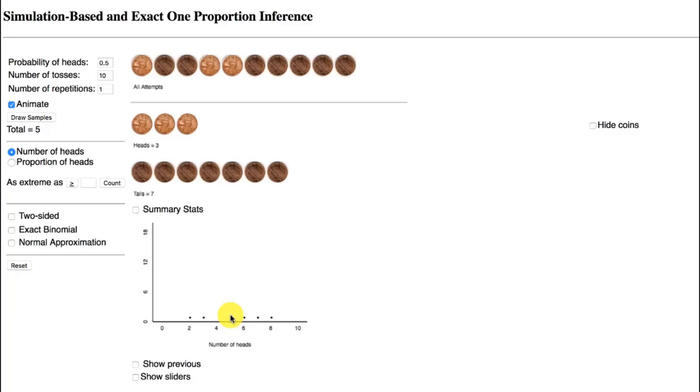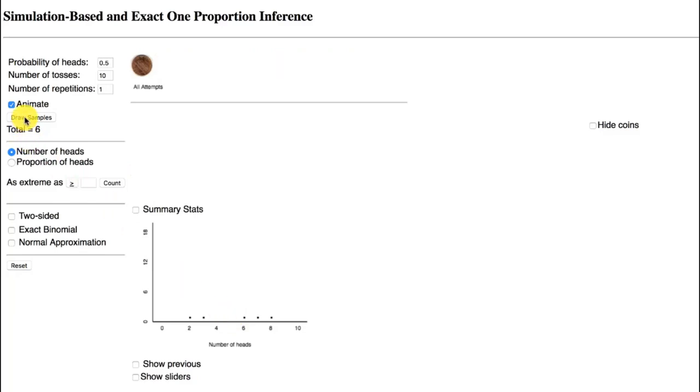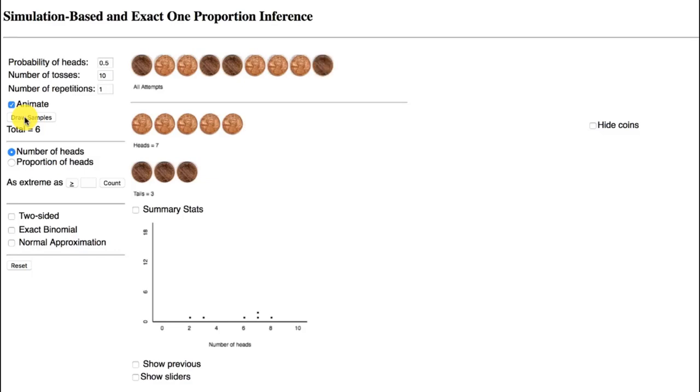We know it's 50-50, but we haven't even seen one instance of 50-50 yet. But if we keep going, we've got a 7 and a 3, and now we've got a 3 and a 7. And this is my first take. I'm not fixing this. This is raw data and it's not staged in any way.